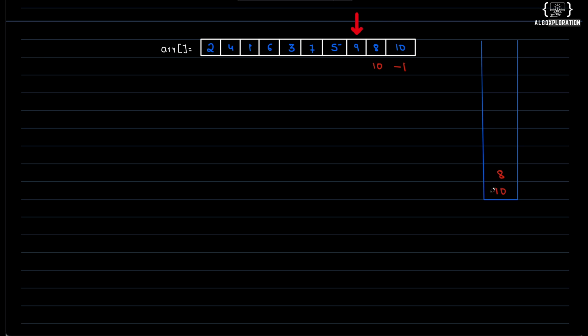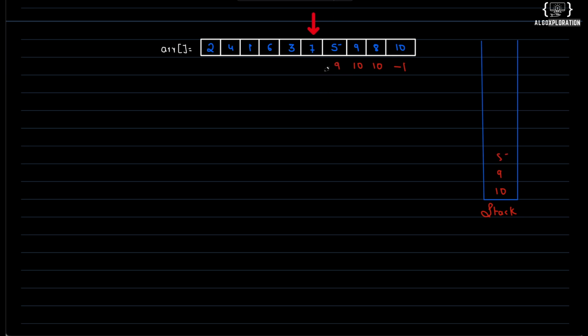Now for element 9, I see that the top of the stack is 8, which is lesser than 9, so I'll pop this 8. And I'll have 10 over here and 9 over here. This is the stack. Now for 5, the top of the stack is 9, and push 5 to it.